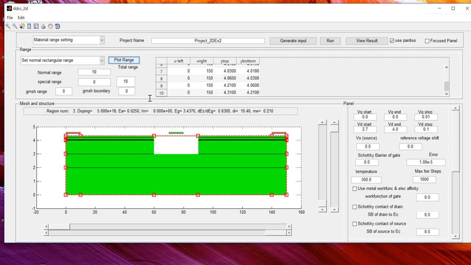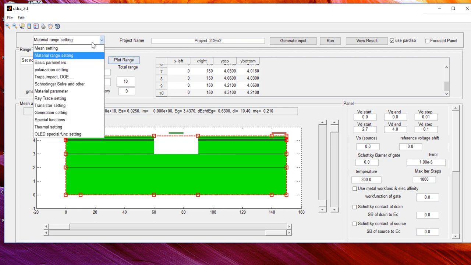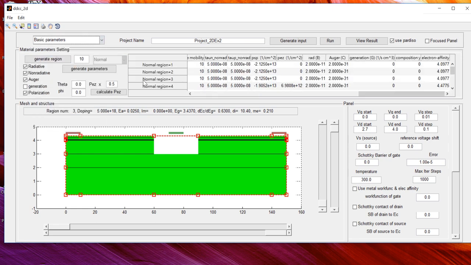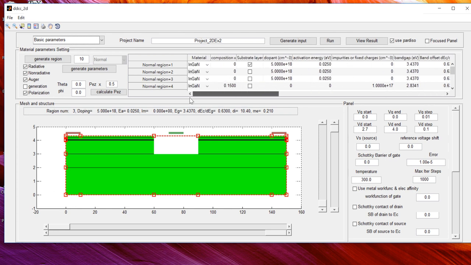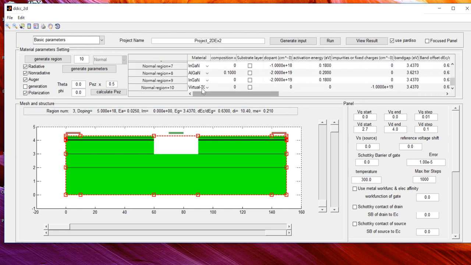For the ITO, is it virtual TCO P other, or this one? Let me show you. Choose virtual TCO pgan. Pgan is because I don't want to discuss the polarization difference between one material and the gallium nitride.